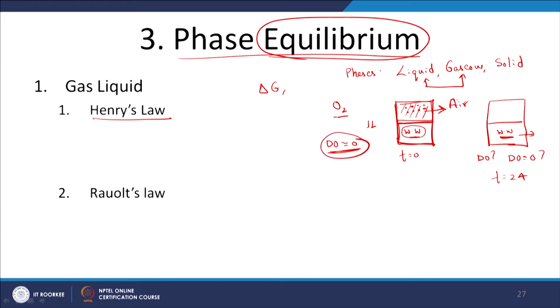So what happens after some time, depending on the kind of water or such, is there is going to be a partitioning of the molecules, right? So in general, let's say there are now 5 moles of oxygen left in your air, there will be 3 moles in your wastewater. What I am trying to explain is that an equilibrium will be reached after a certain time for oxygen between the gaseous phase and the liquid phase, right?